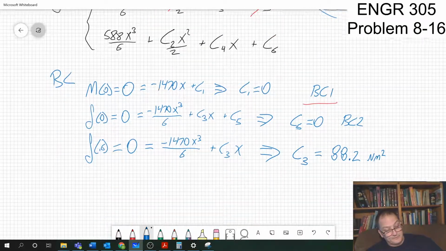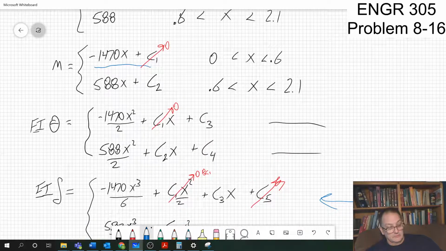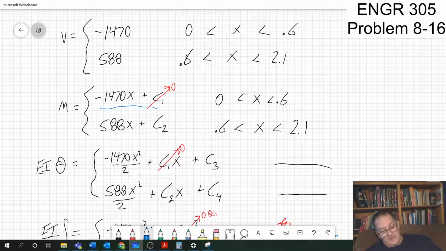So the moment at 2.1 is equal to 0, which is 588x plus C2.